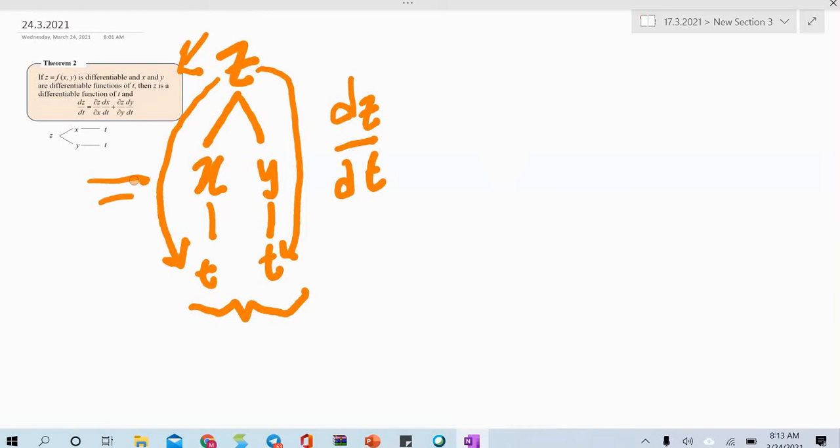Forget about the middle first. We have only one independent variable at the end. In the last part of the differentiation, we have only t for both sides. That's why we have to differentiate z with respect to t, not del. Not partial. It is d. So dz/dt will be, to reach here, you have to cross this x and y.